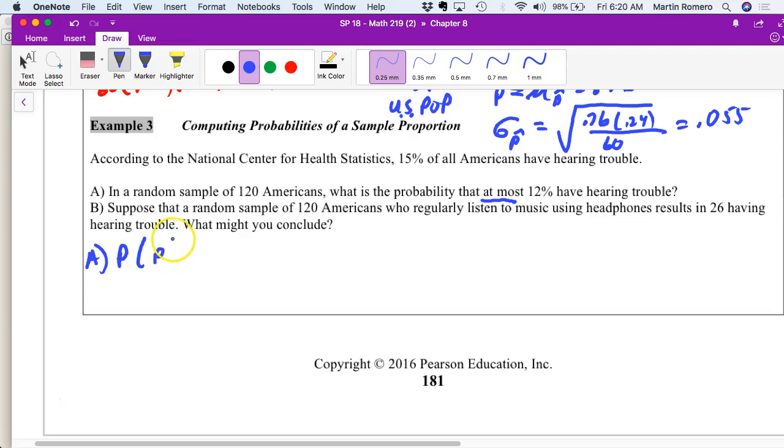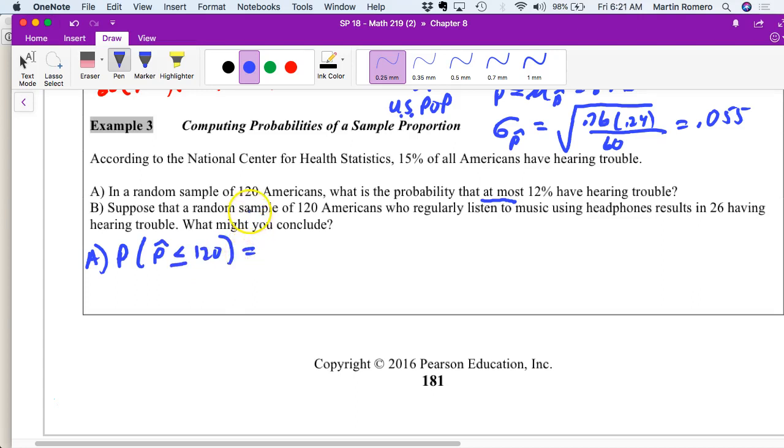At most means less than or equal to. So we're looking for that.